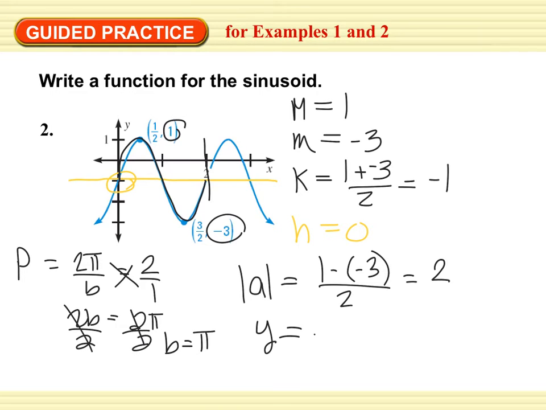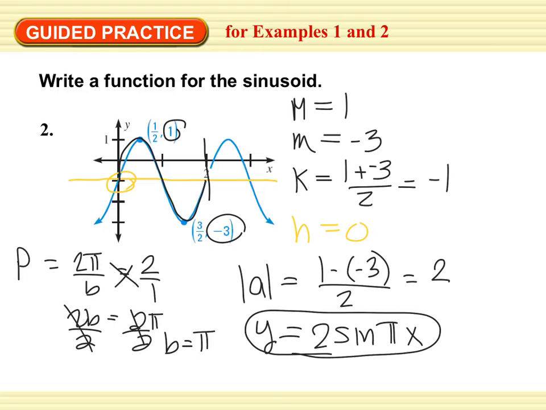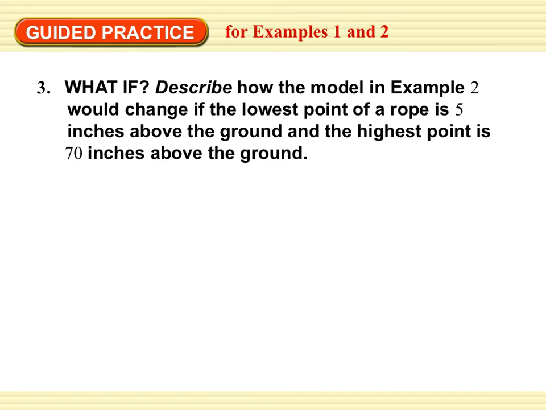Y equals 2 sine bx. Oh, I forgot that part right there. Sorry. So minus 1. Sorry about that. Cool.